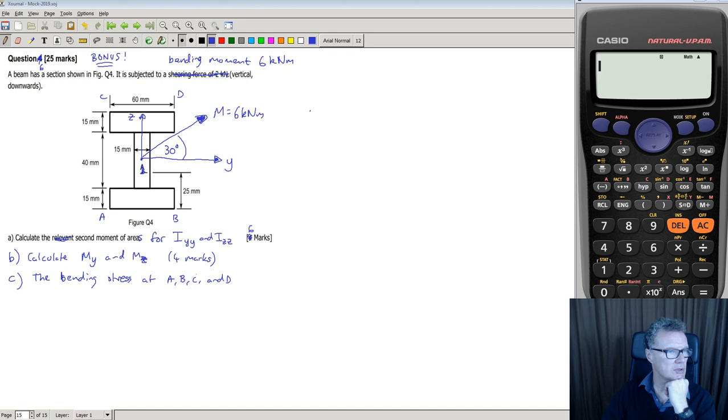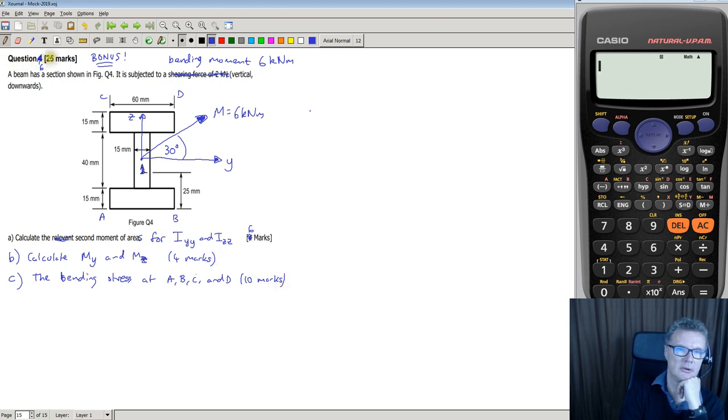That's it as far as the formula sheet goes. So let's leave it there. I suppose about 10 marks for this. So it's not going to quite add up to my 25 marks, your bonus.